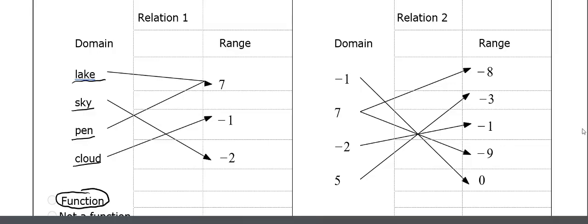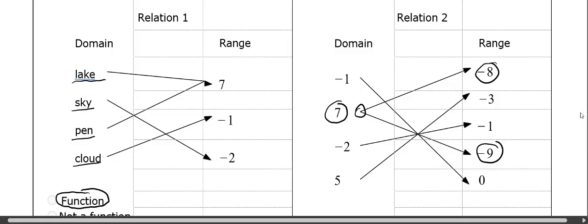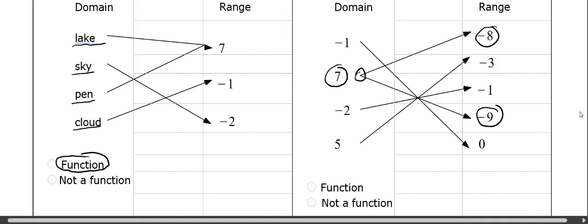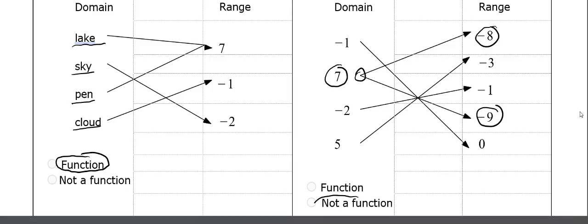Now, when we look at relation 2, we notice that the domain value 7 is going to two different range values. If this occurs with any domain value, it doesn't have to occur more than once, then this would be considered not a function.